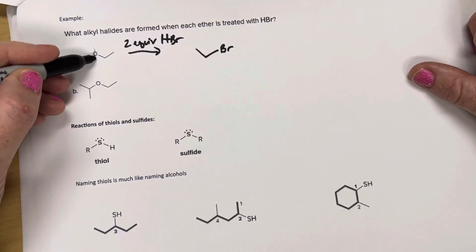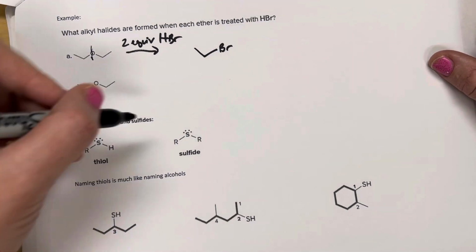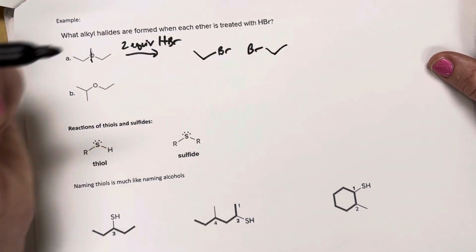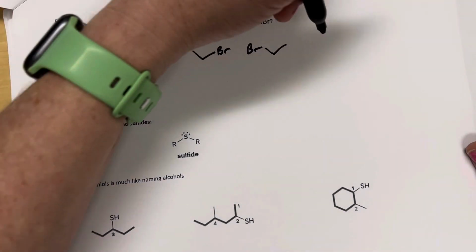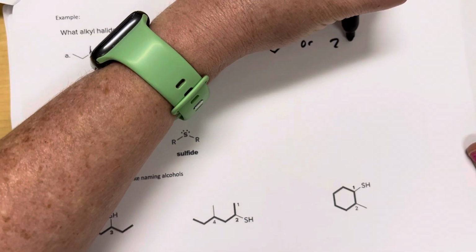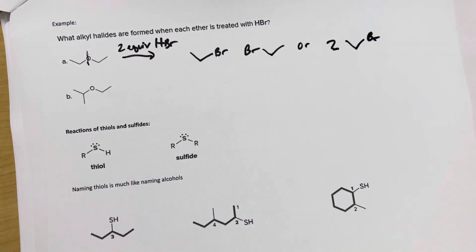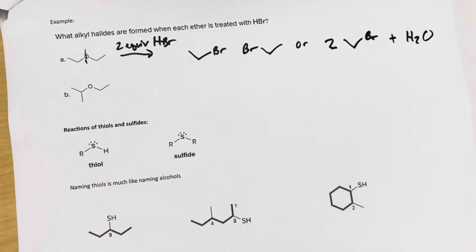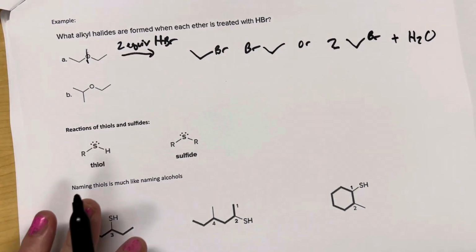It would split apart like that, and on one end would be a Br, and on the other end would be a Br. Now these happen to be the same 2 molecules, so really you could have written that you would have gotten 2 of those. And your other product would be water. You had 2 H's and it joined with that O.